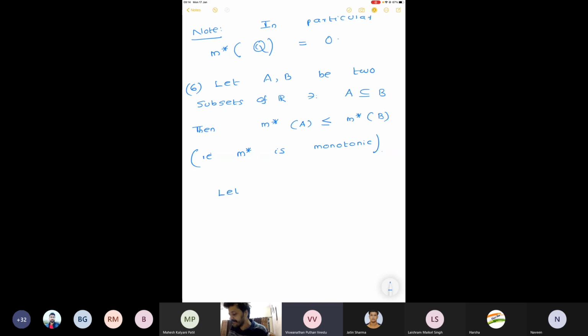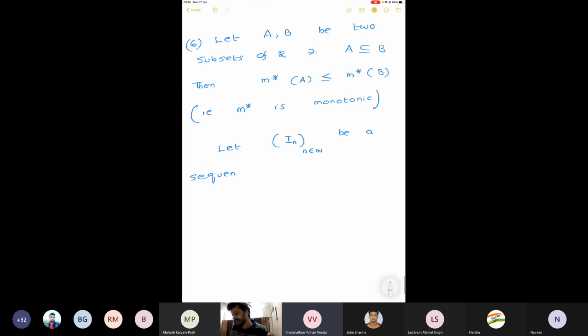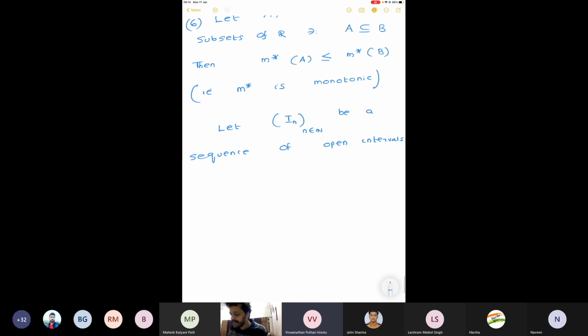Let I_n, n belonging to N, be a sequence of open intervals that covers B. That is, B is contained in the union of I_n, n belonging to N. So I have started with a cover consisting of open intervals for B.